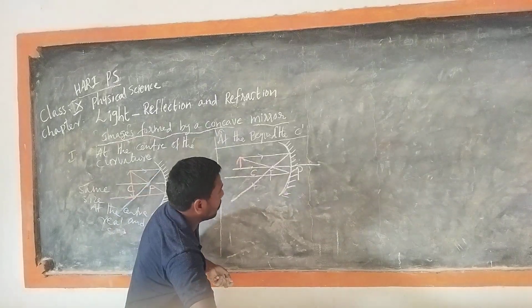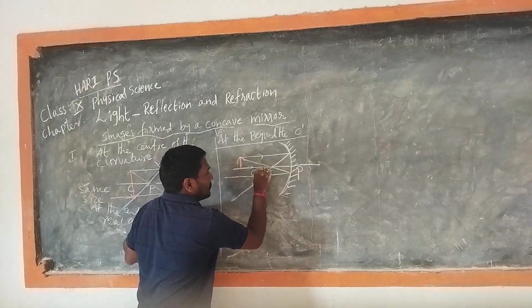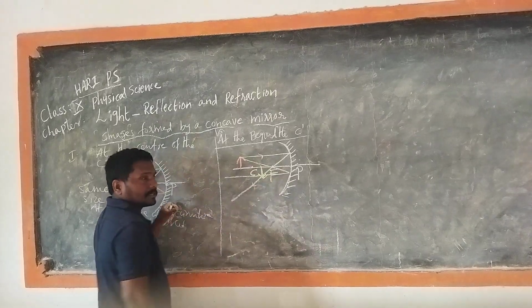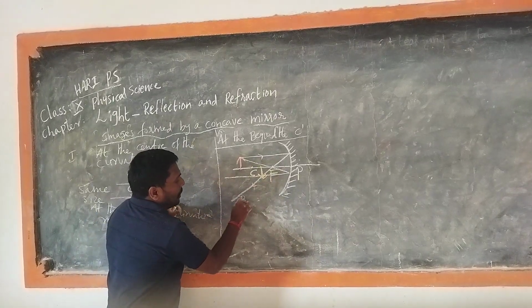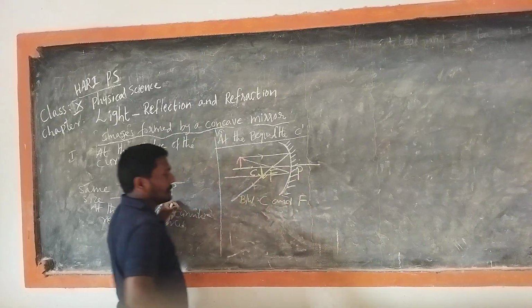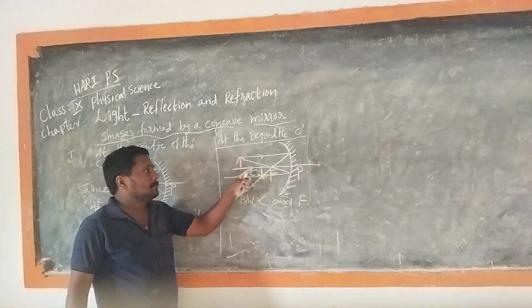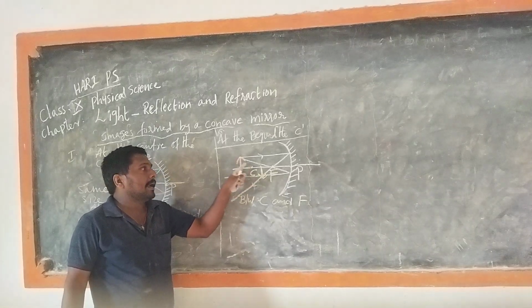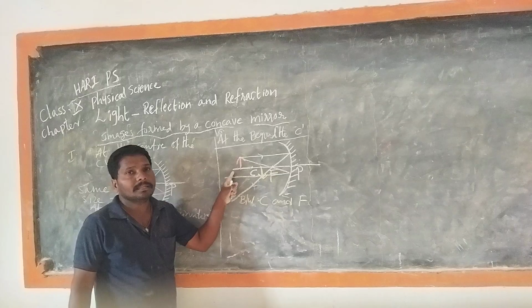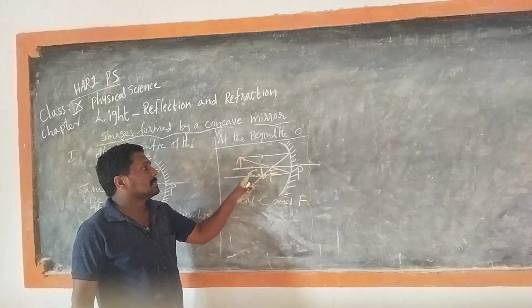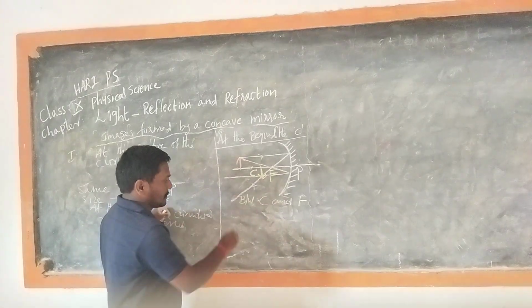Then where is the image formed? Between the center of curvature and the focus. So when the object is placed behind the center of curvature, the image is formed between the center of curvature and the focus.